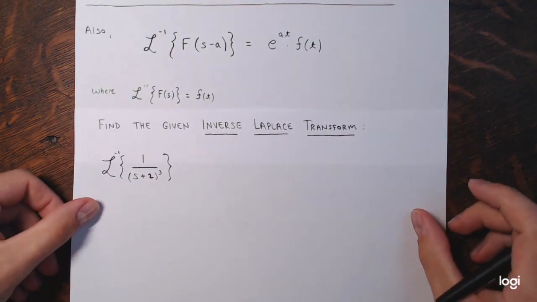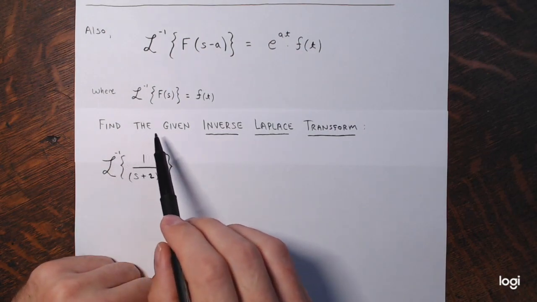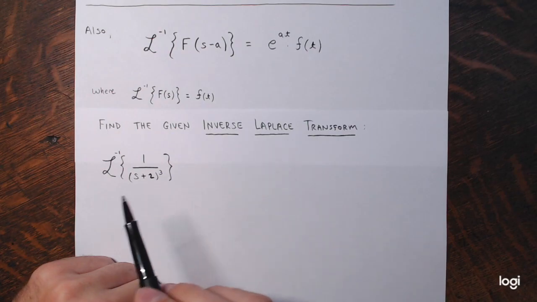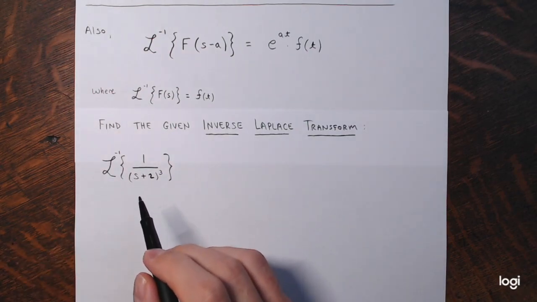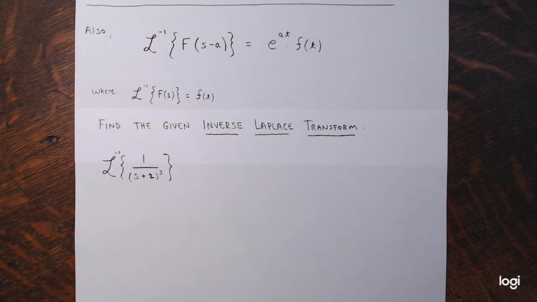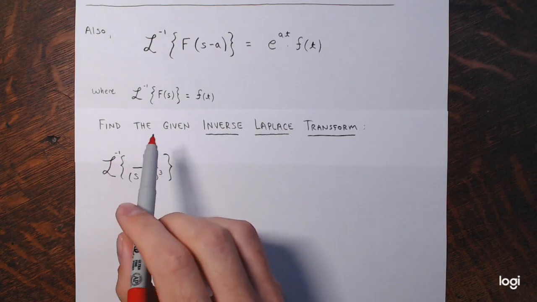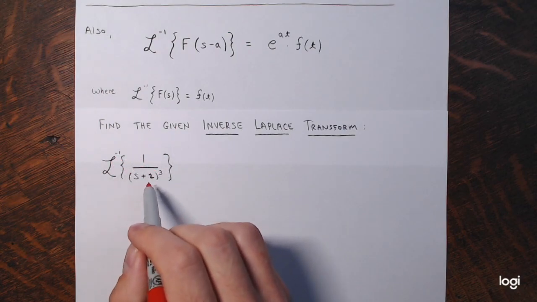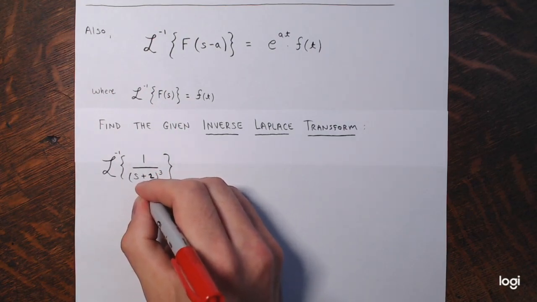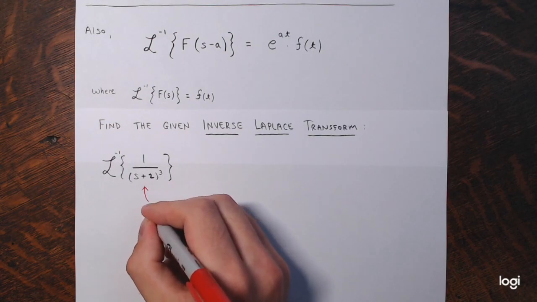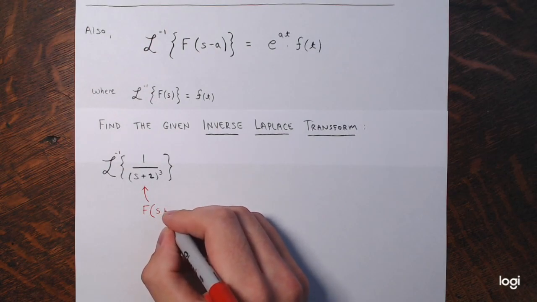First example, so again, for the last several examples in this video, I'm asked to find the given inverse Laplace transform. Okay. Well, here I'm doing the inverse Laplace transform of 1 over s plus 2 cubed. So let me think of this as capital F, some Laplace transform at the value s plus 2.